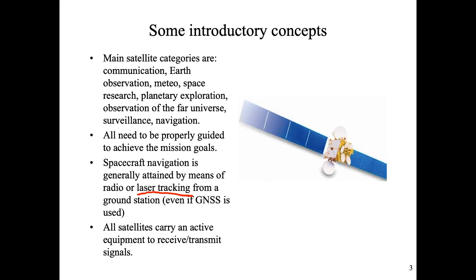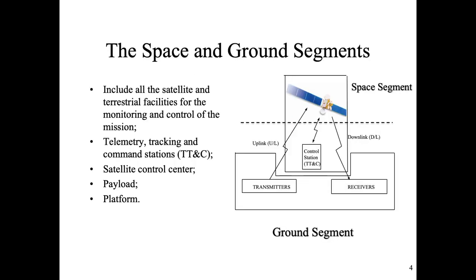So how do we receive and transmit signals to and from ground? Well, here you have a sketch of the two big segments that constitute a space mission: a space segment and the ground segment. The space segment is essentially the hardware and the software that is flying.